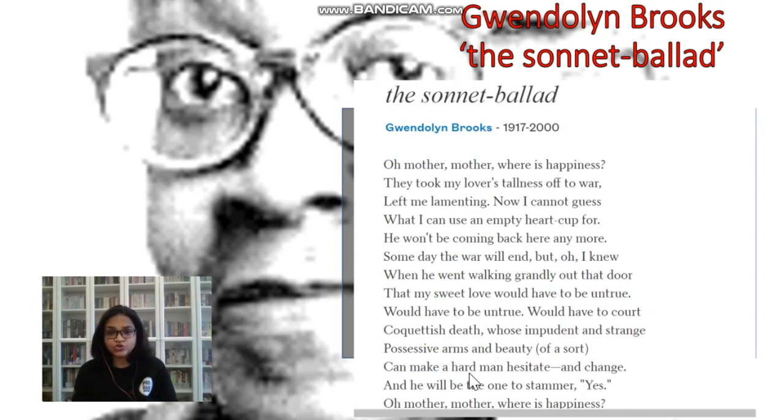He is going to change, not keep his promise. She believes that even if he does not die after having quoted this strange mistress death, he will not be the same man. So even if he does not die, if he has seen death face to face, he is not going to be the same man again, and therefore she is going to lose him whether he dies or whether he lives.